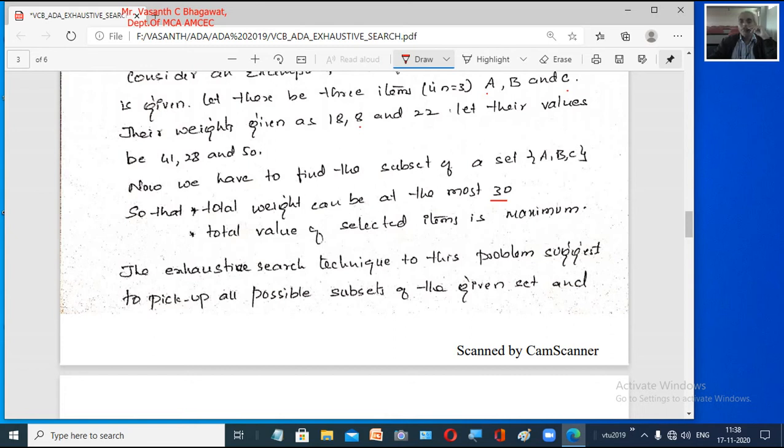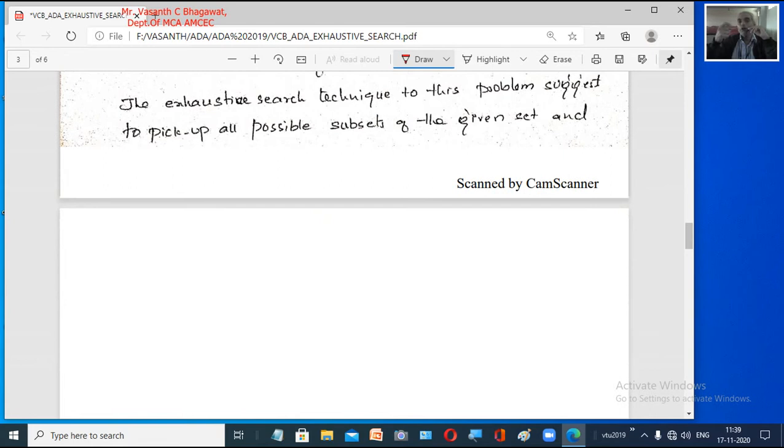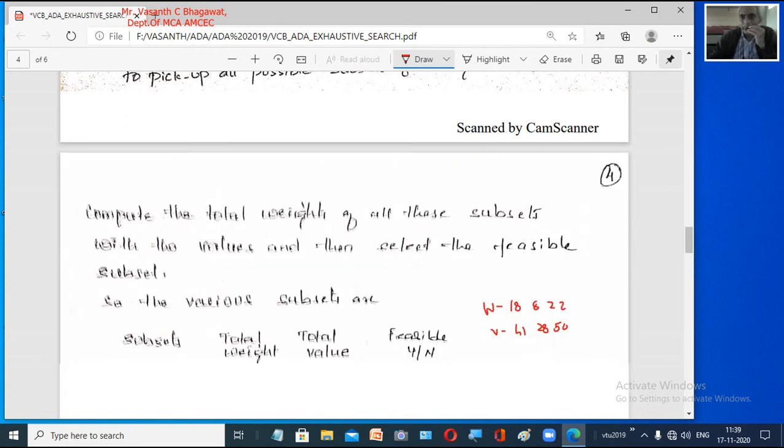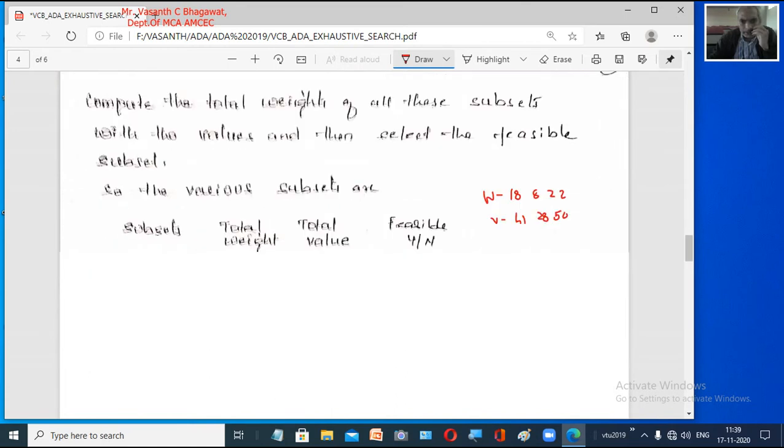This exhaustive search technique says you pick all possible subsets of a given set. Keep on writing all the possible subsets.